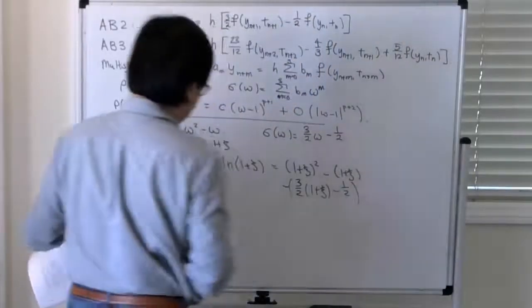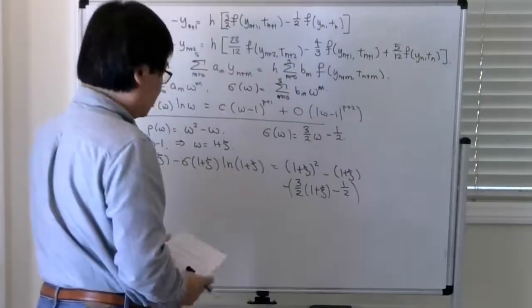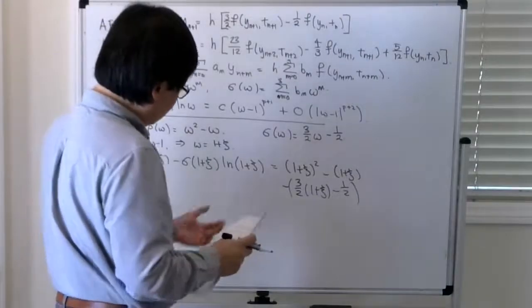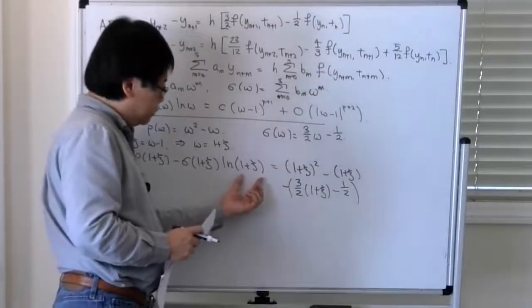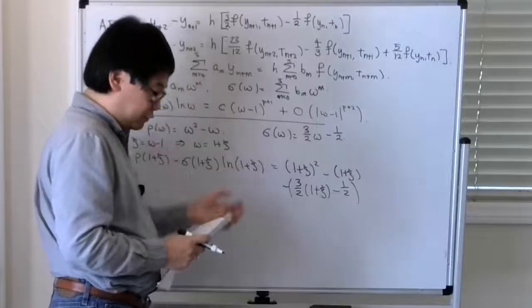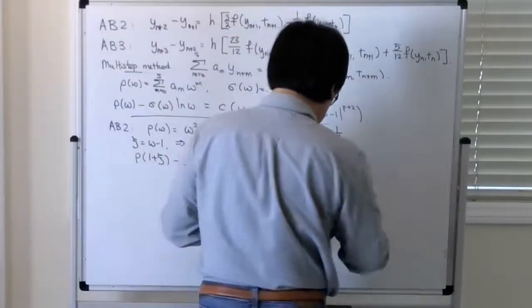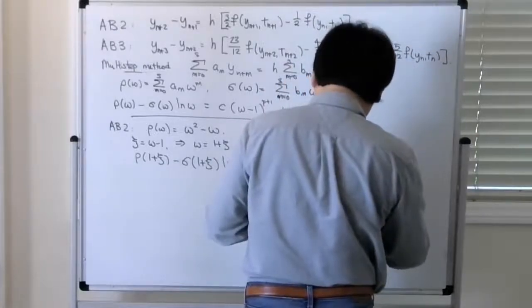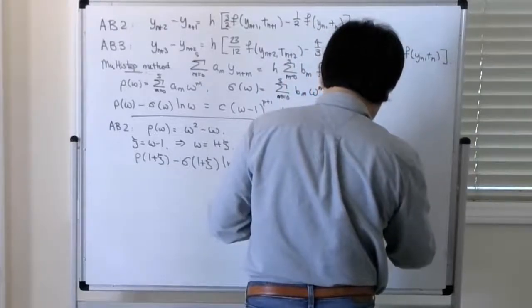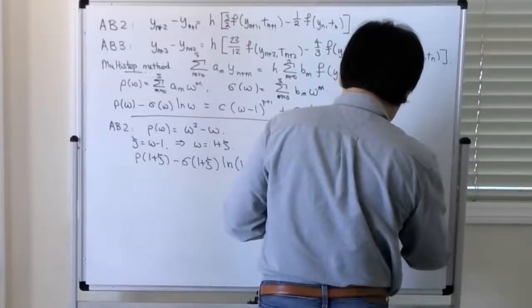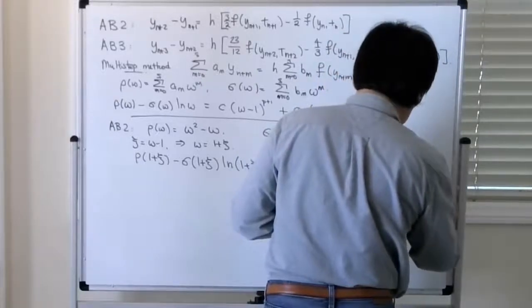And then I take a series expansion for the natural log of 1 plus c, which is particularly useful because the natural log has a very nice series expansion. It's just given by c minus 1/2 c squared plus 1/3 c cubed, and so on.